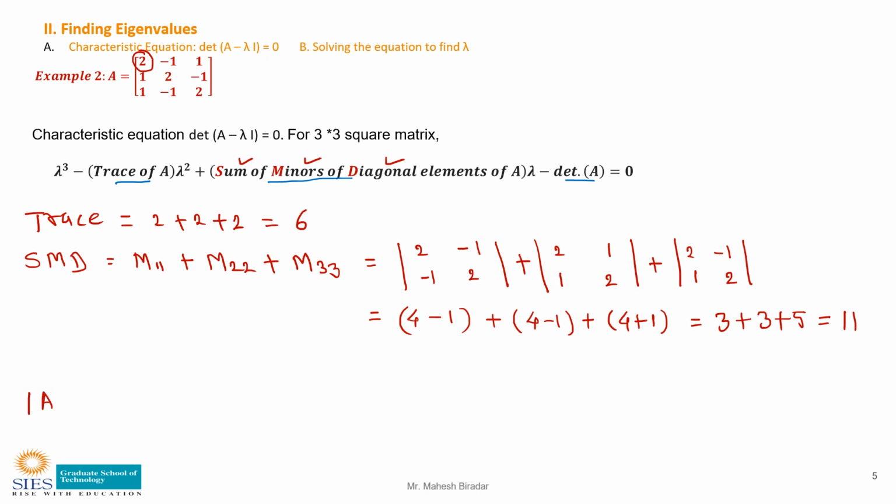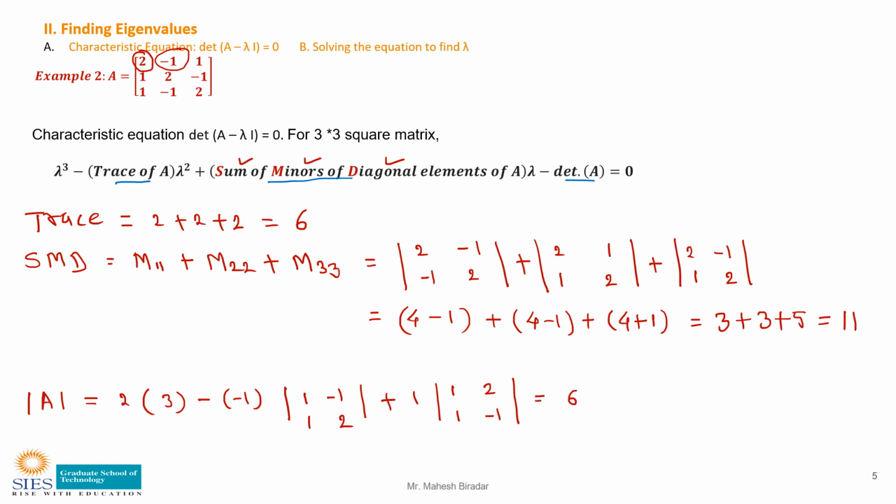Now I am going to calculate the determinant of A. We know the procedure of finding the value of the determinant. 2 into M11, which is 3, minus, expanding using the first row, minus 1 into the minor of this element, which is 1, minus 1, 1 and 2, plus 1 into the minor of A13, which is 1, 2, 1 minus 1.